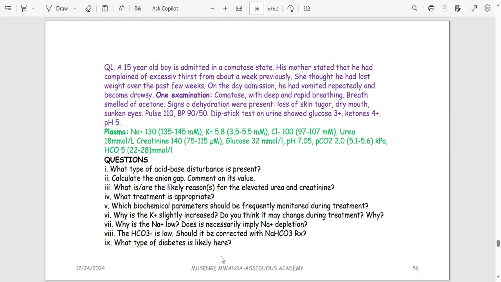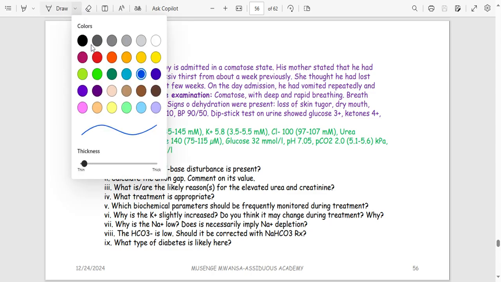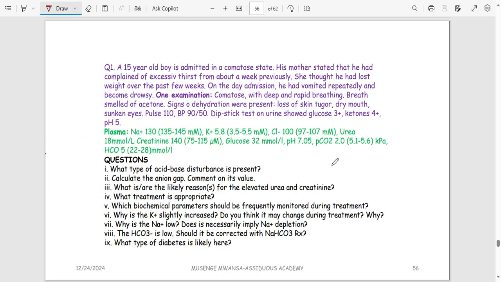Now, there are actually two things that you can look at there. You can look at carbon dioxide or bicarbonate. So, this is acidosis, and acidosis can be caused by high acid.